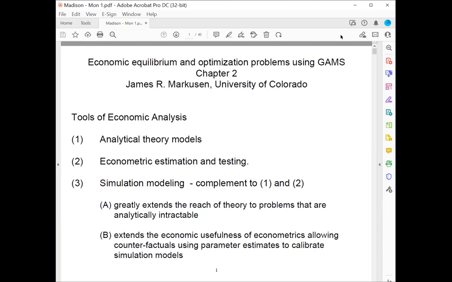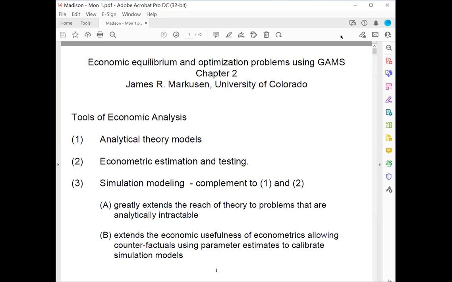Okay, good morning, everybody. I'm Jim Markison, University of Colorado Boulder, retired, sort of, which means I'm not getting paid. Most of my work over many years was in theory, and there was a point where I got really frustrated with analytical methods in microeconomics.